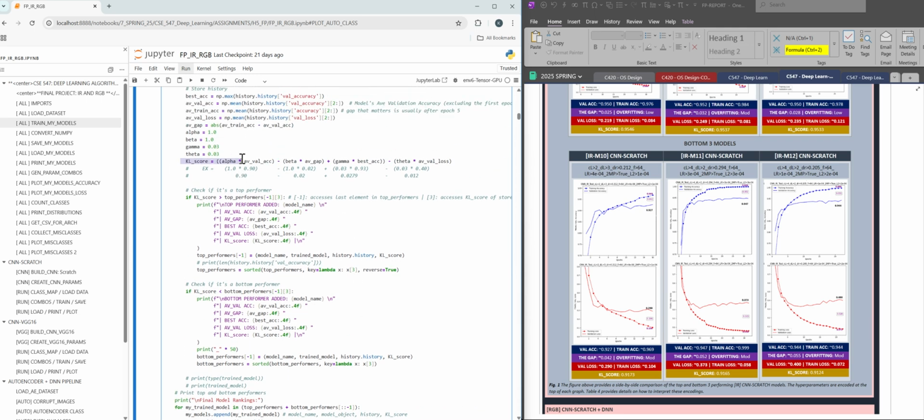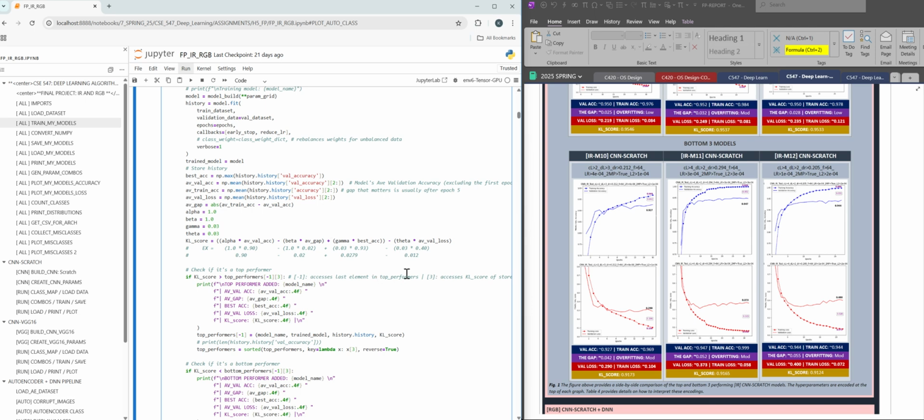I also added a KL score, which is just a basic score that is an attempt to combine a lot of different scores. And I gave a lot of weight to the best score that was achieved of all the epochs, since this component of this project is a competition. So I weighted that heavier for that reason.